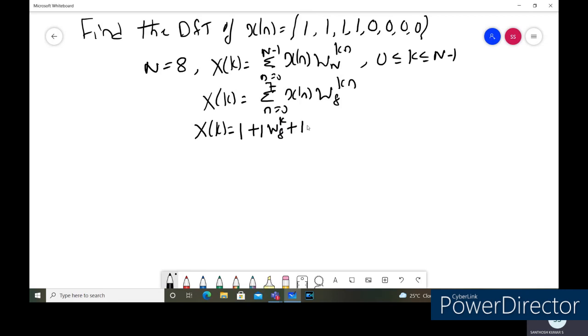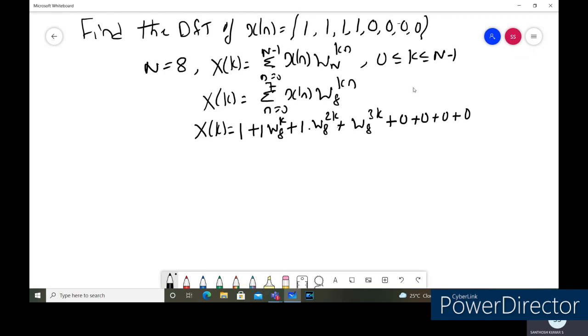Next, for n is equal to 2, it is 1 into omega 8 to the power of 2k. Next, for n is equal to 3, it is omega 8 to the power of 3k. Next, for n is equal to 4, 5, 6 and 7 it is 0. So this is the value of X of k we got.